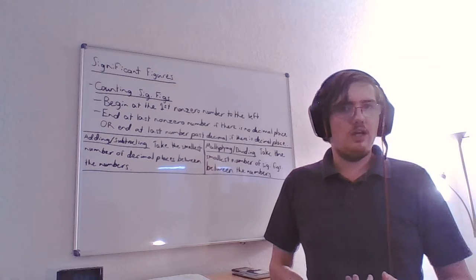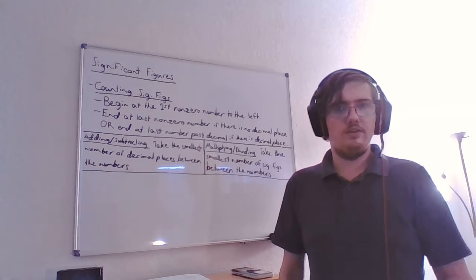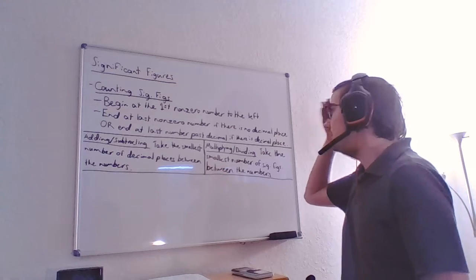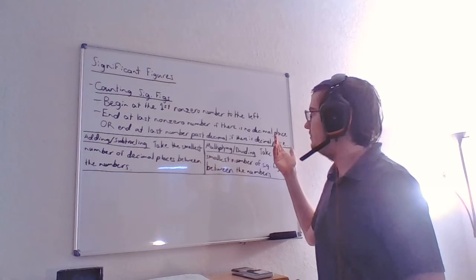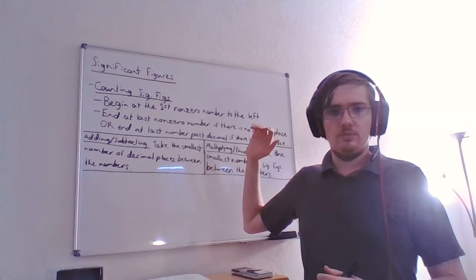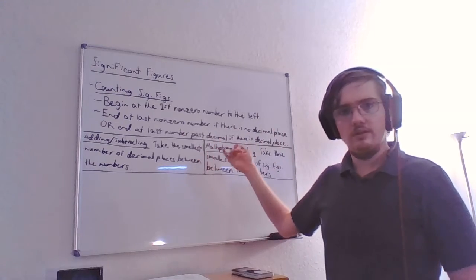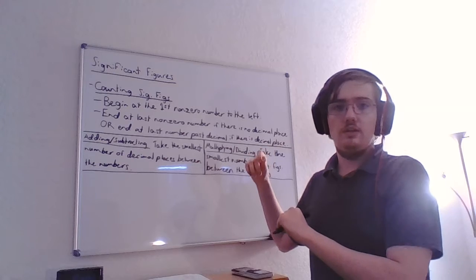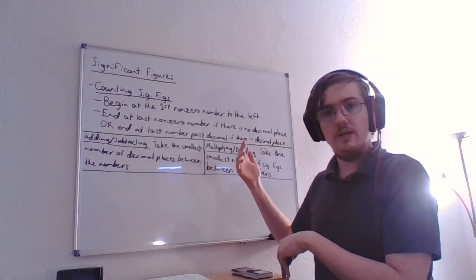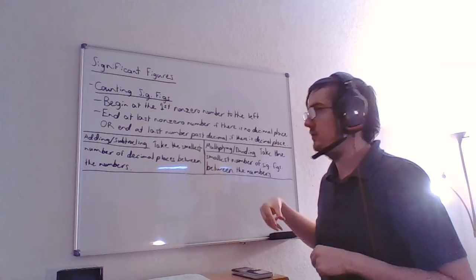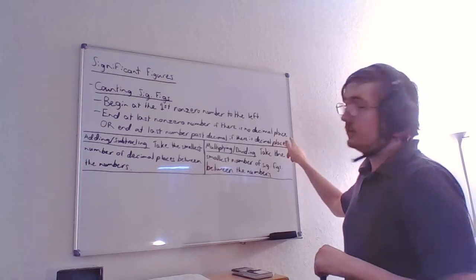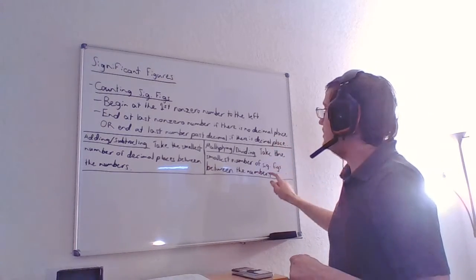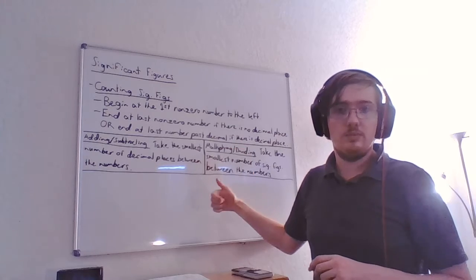Now I'm going to describe how to count significant digits. Okay, so the rules go like this. The place where you start counting is the furthest non-zero number to the left. Then, where you stop counting depends on what type of number it is. So if there is no decimal place, you're going to stop at the last non-zero number.